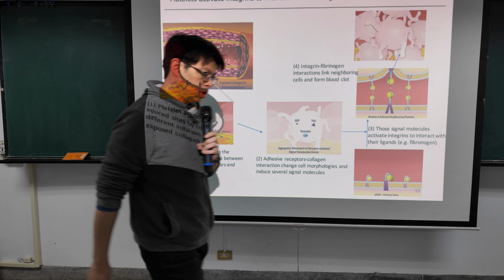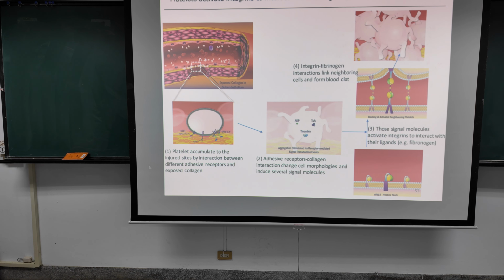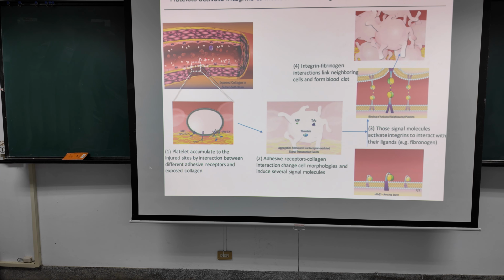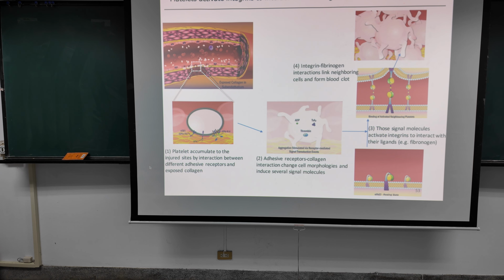Okay, so let us quickly summarize the key steps. Once the blood vessel injury happens, the collagen is exposed to the blood in the lumen, and the platelets in the blood are exposed to that collagen. Collagen activates those platelets and triggers downstream signaling, changing the platelet activity.